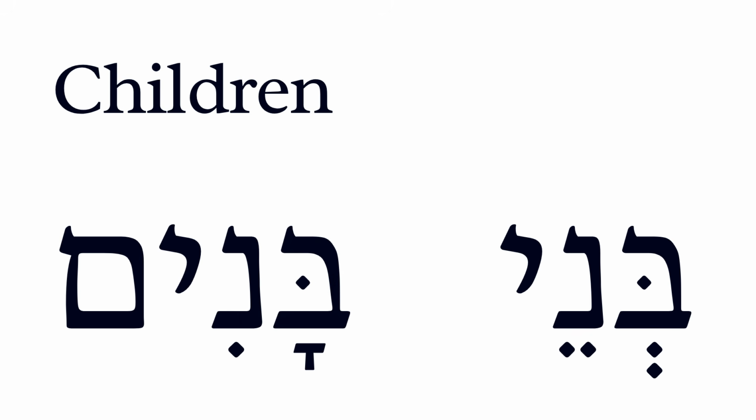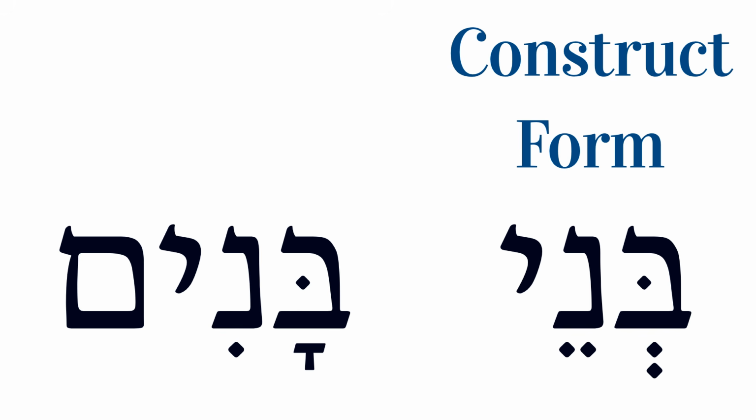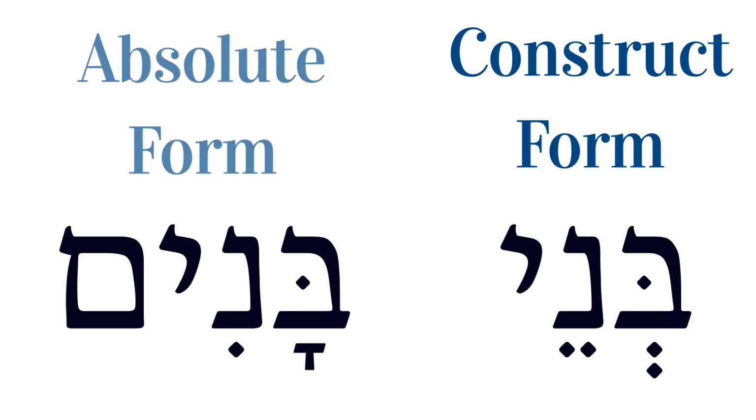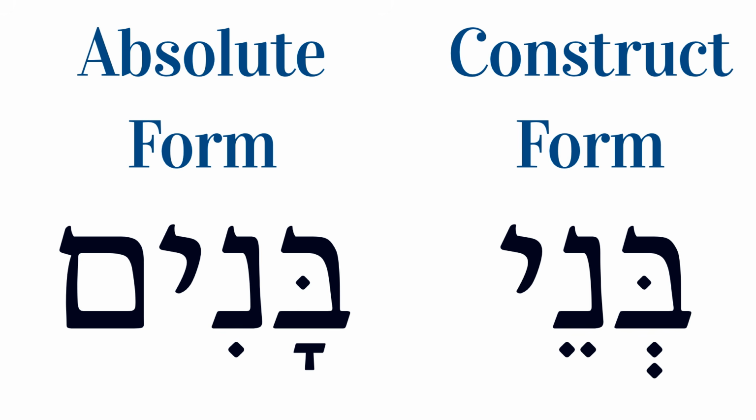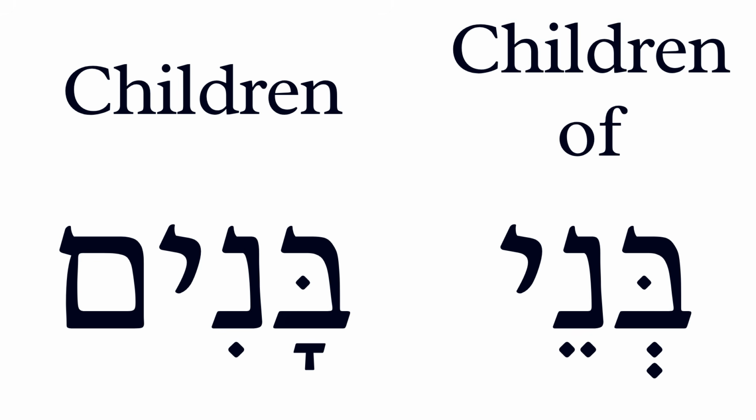Why is there a different form when we put it in a construct phrase? Every word in a construct phrase, except the last one, is in construct form, as opposed to the regular form, called the absolute form. Banim is the absolute form, children, and bnei is the construct form, children of.